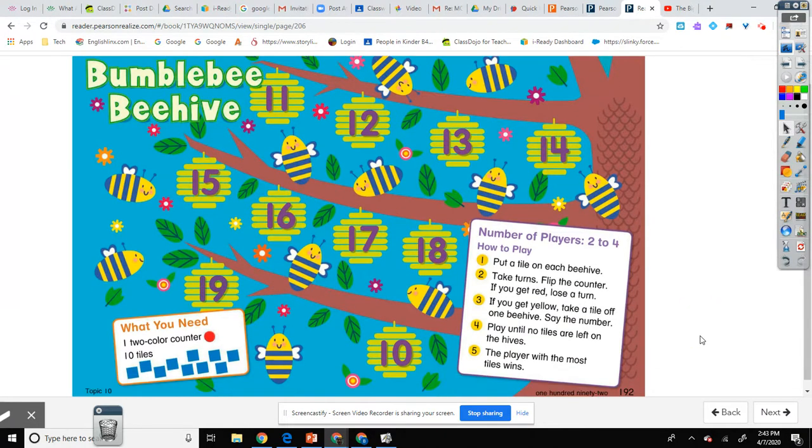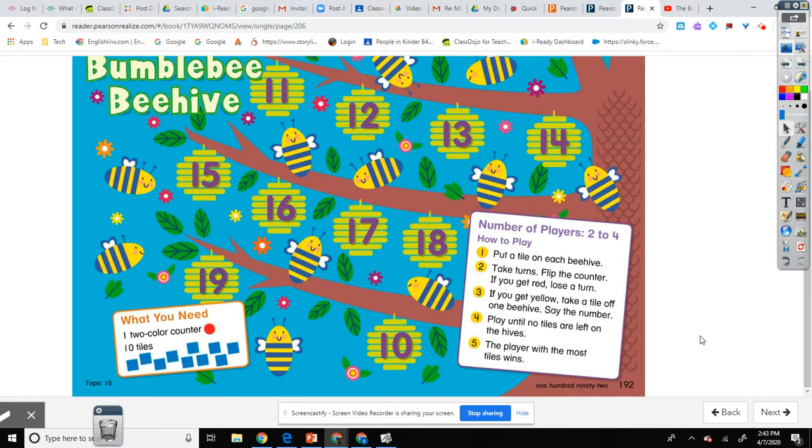So you would need 1 two-color counter, a red dot, 10 tiles, blue tiles. Okay, you can make it up. You don't have to have exactly that, you just have something similar. You could have 10 pencils. You could have 1 penny. All right. Number of players, 2 to 4.